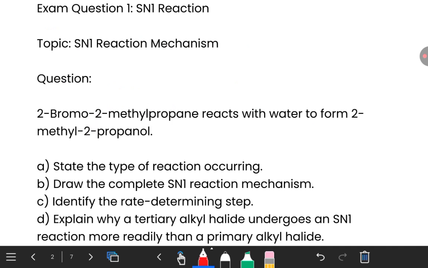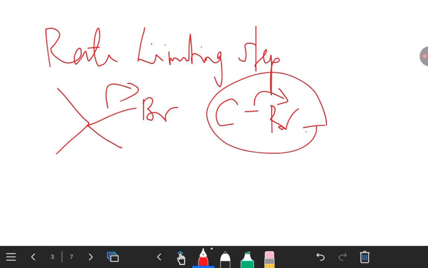For tertiary carbocations, we said that they are in this state. This is the tertiary alkyl halide, so it is able to undergo an SN1 reaction more readily than a primary alkyl halide.